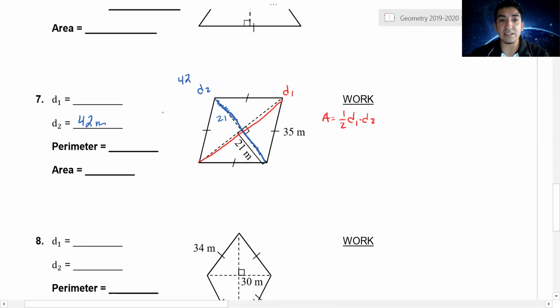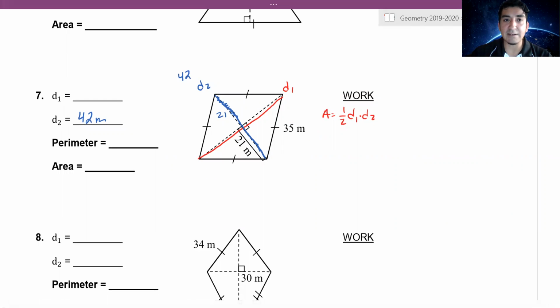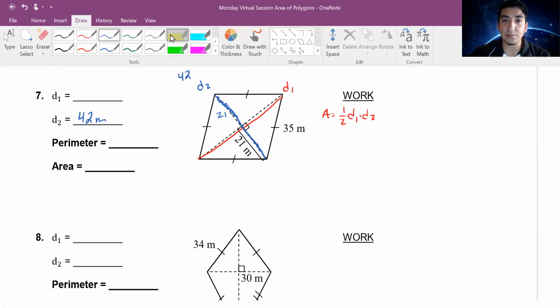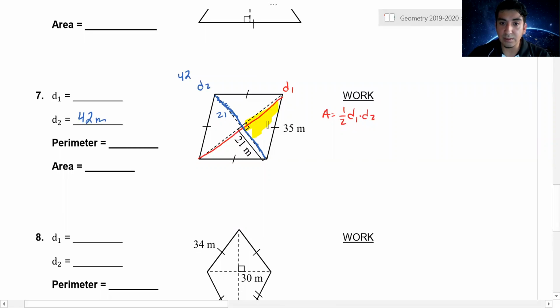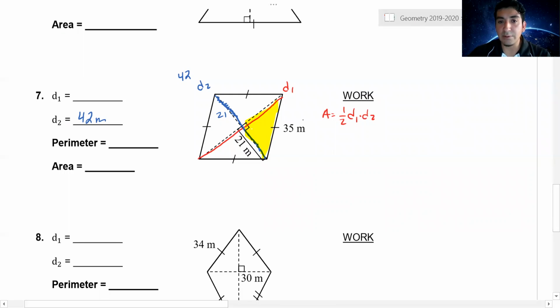Now the issue is that if I'm trying to look for the diagonal d1, I don't know what it is. So one way we can go about it is to break this down to where we're looking at this triangle. For this triangle, we're going to break it apart for a little bit.